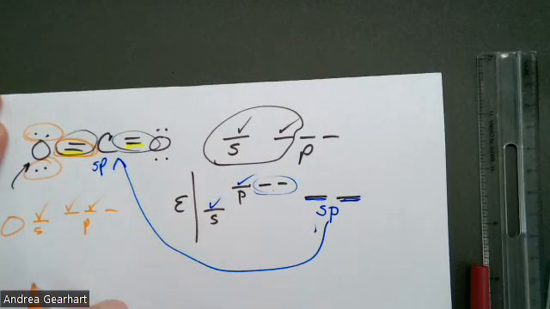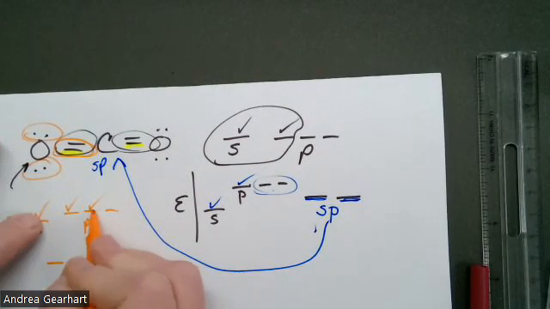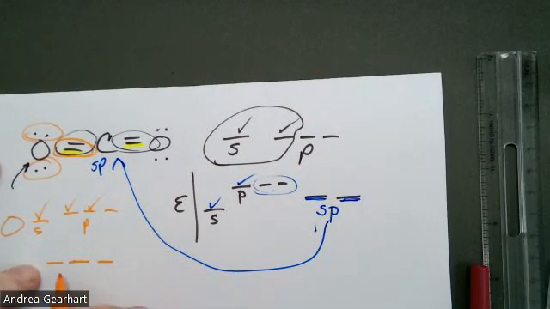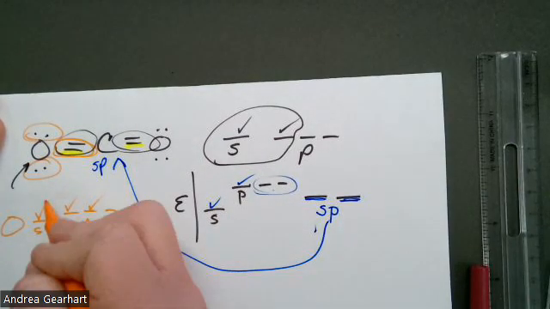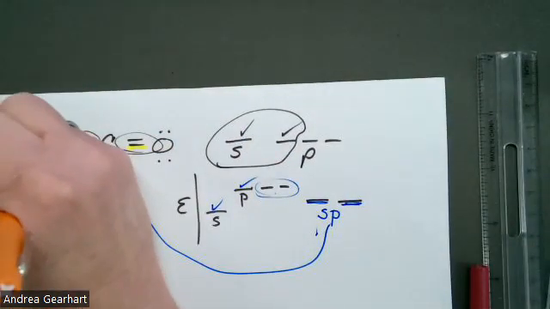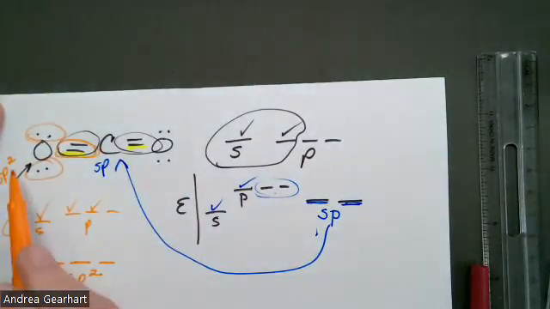So the hybridized orbitals would put in 3 atomic orbitals and we get 3 hybridized out, 1 of the s and 2 of the p. 1 remains unhybridized. And so we would say that oxygen is sp2.